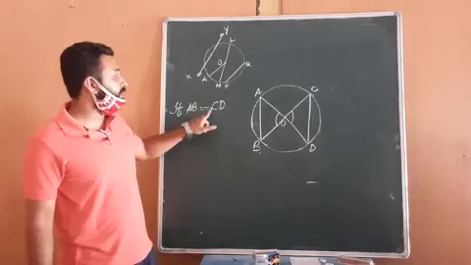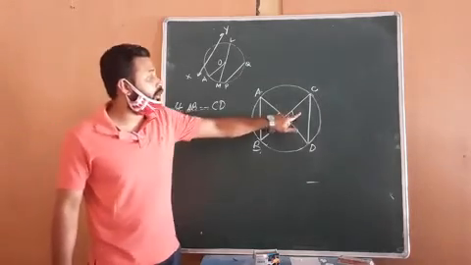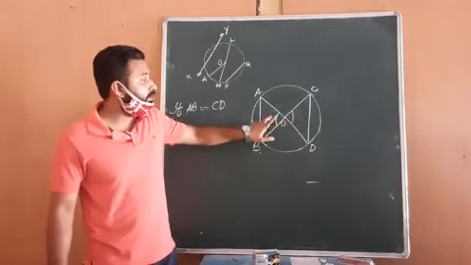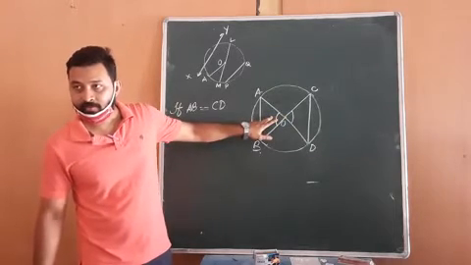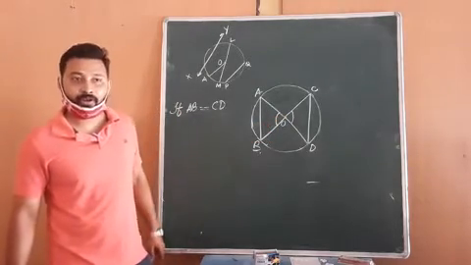If AB is equal to CD, then these two angles will be equal. This is our theorem.